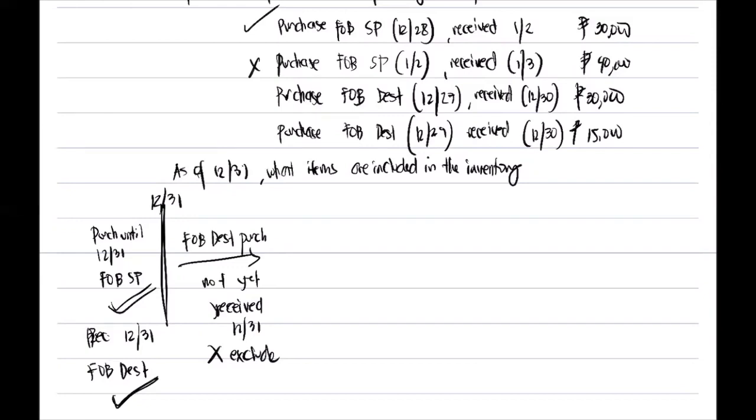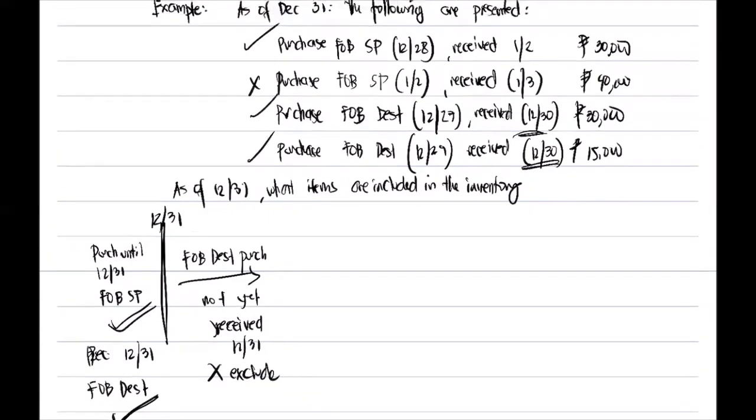So here, FOB destination, December 27, received December 30. December 30, pasok sa December 31, include. Next, December 29 purchase, received December 30. December 30, pasok sa December 31, include. Although you know that FOB shipping point should be included while FOB destination should be excluded, we still look whether it passes our cutoff date. Our cutoff date is December 31.